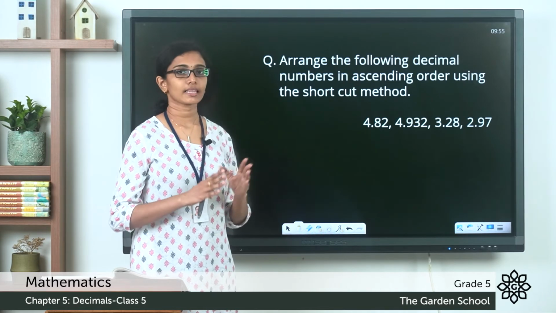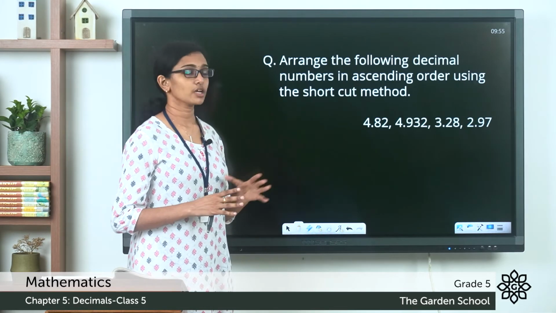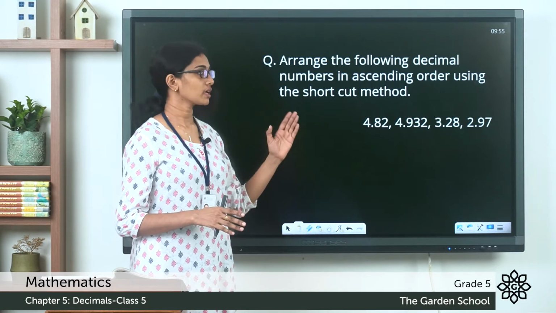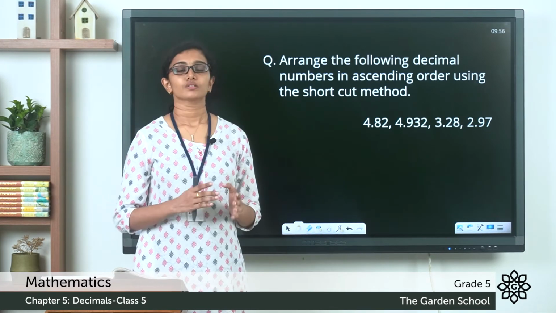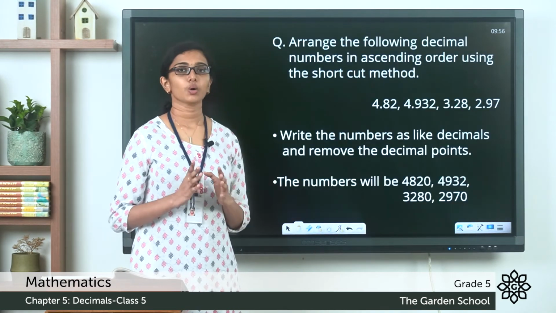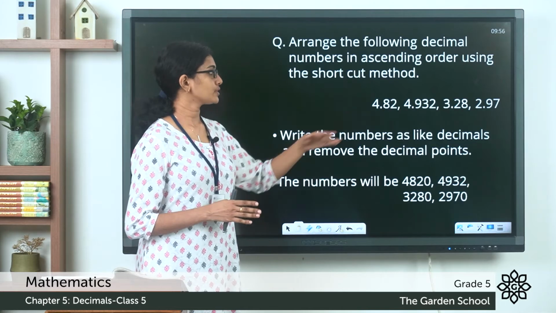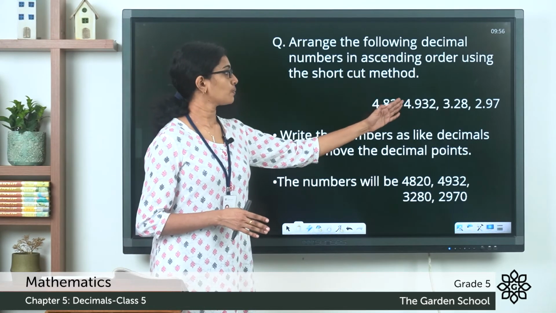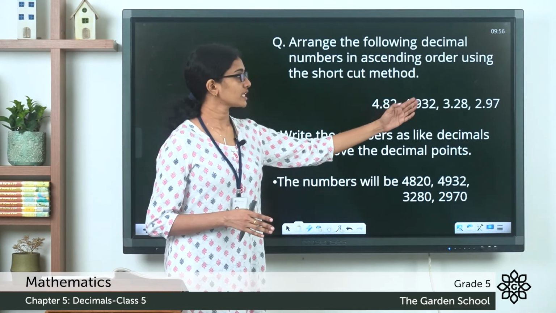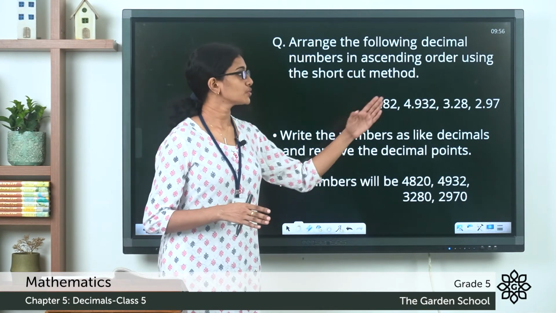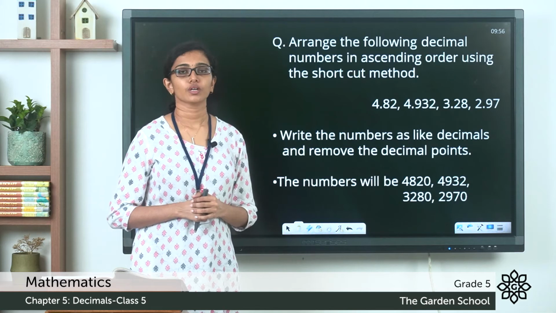So let's make the number of digits equal to 3, the maximum number of digits after the decimal point in all the numbers. Changing them to like decimals, we get the first number as 4.820, 4.932, 3.280 and 2.970.